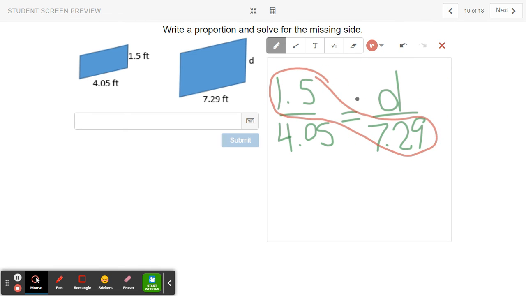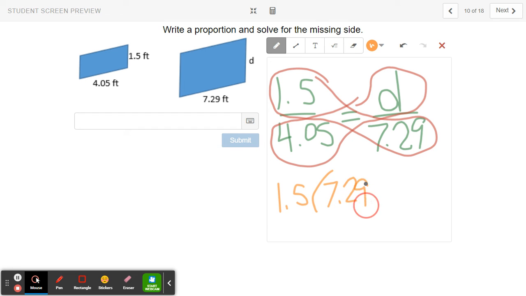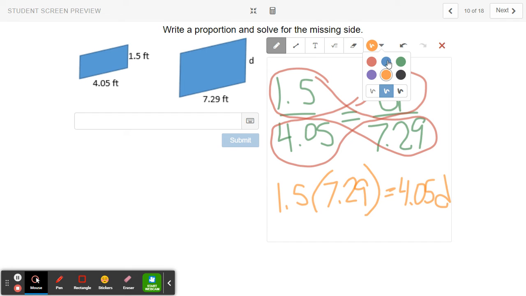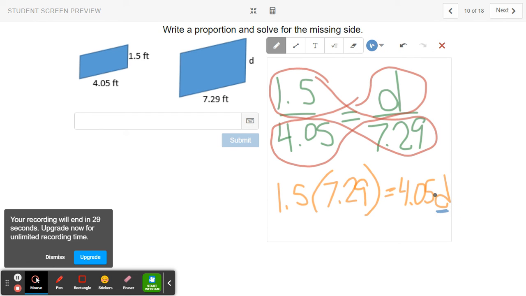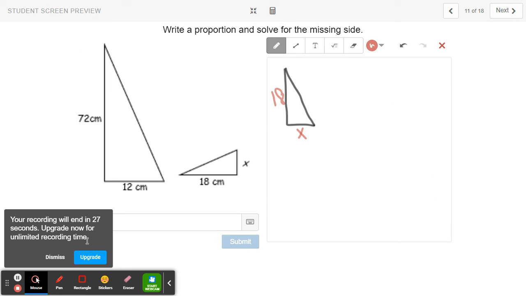We're going to do our butterfly, and it's going to equal 4.05d. So multiply equals the other side multiplied. Use your equation solving skills and solve for this variable d. Multiply this and then divide by 4.05.